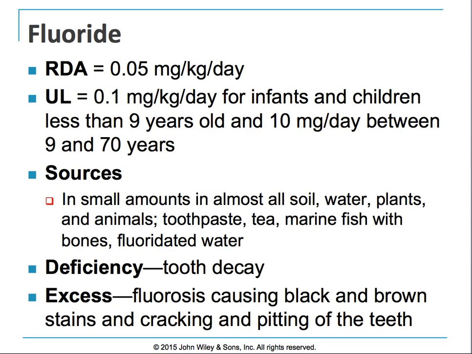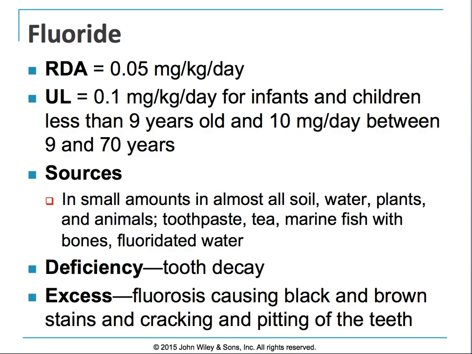The RDA for fluoride is 0.05 milligrams per kilogram per day. So that's milligrams per kilogram of body weight per day. Fluoride is a little unique in that the RDA is going to be dependent on your body size.